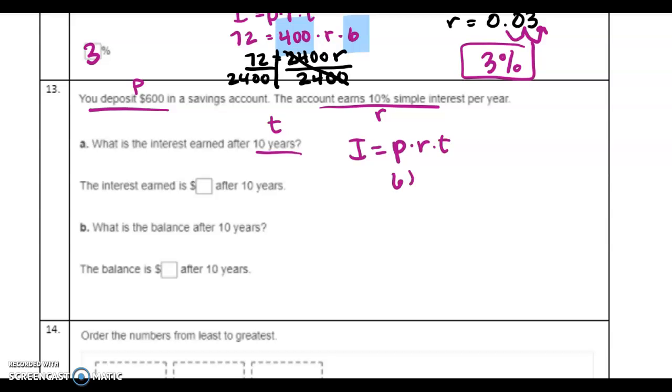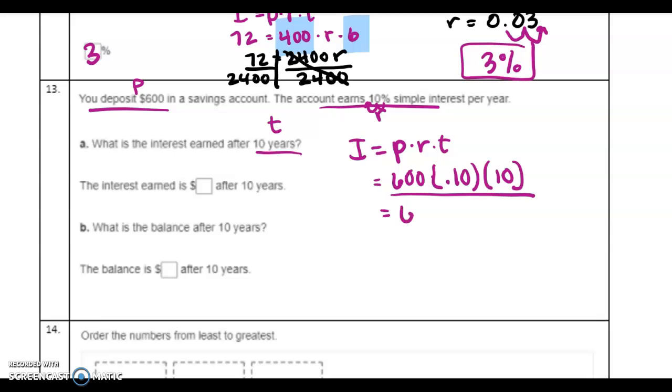So I have 600 times my rate, which means I need to turn that into a decimal. So I'm going to move that 2 times to the left. So times 0.10 times my time, which was 10 years. So this gives me, all I do is plug this whole thing into my calculator.